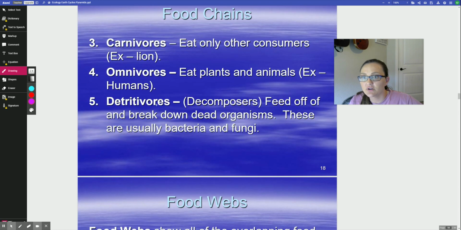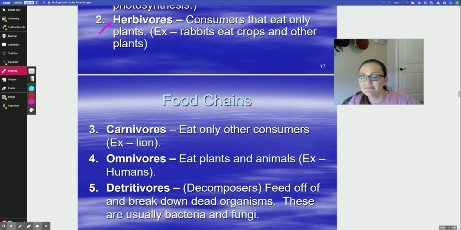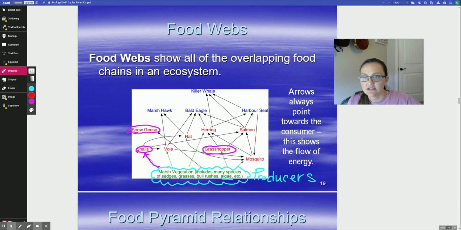What's next? Omnivore. Hey, nope, carnivore. Carnivore's next. Carnivores are usually predators, right? So let's discuss.